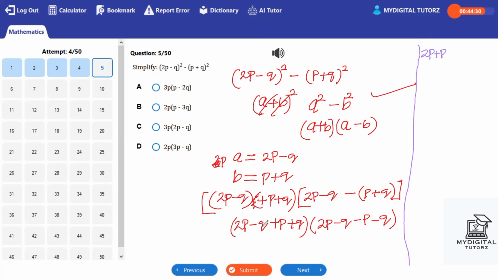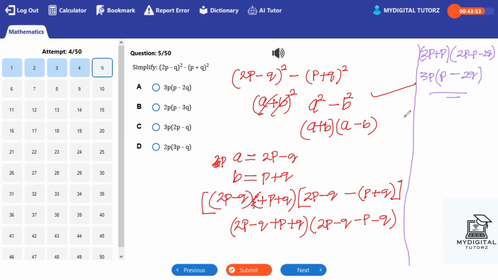Then I have minus q plus q. They'll cancel each other. Then here I have 2p minus p, then minus q minus q, that is minus 2q. So from here, I can have 2p plus p, that will give us 3p, into bracket 2p minus p gives us p, then minus 2q.